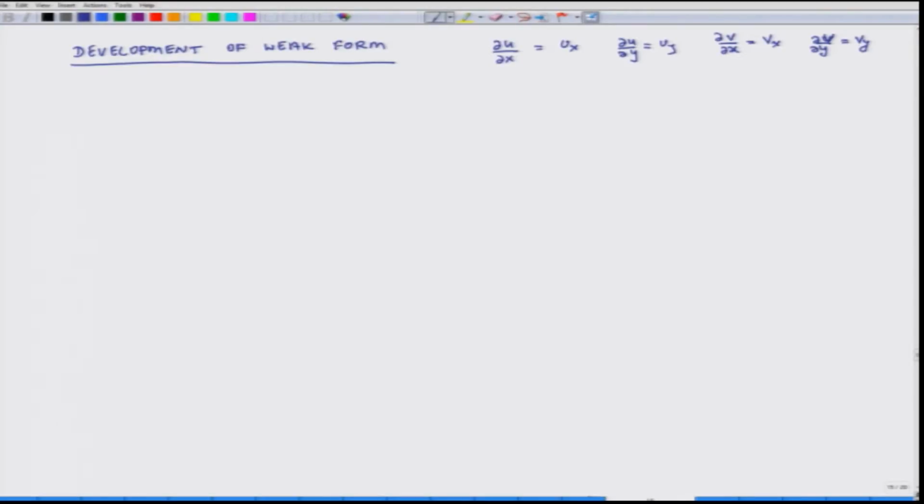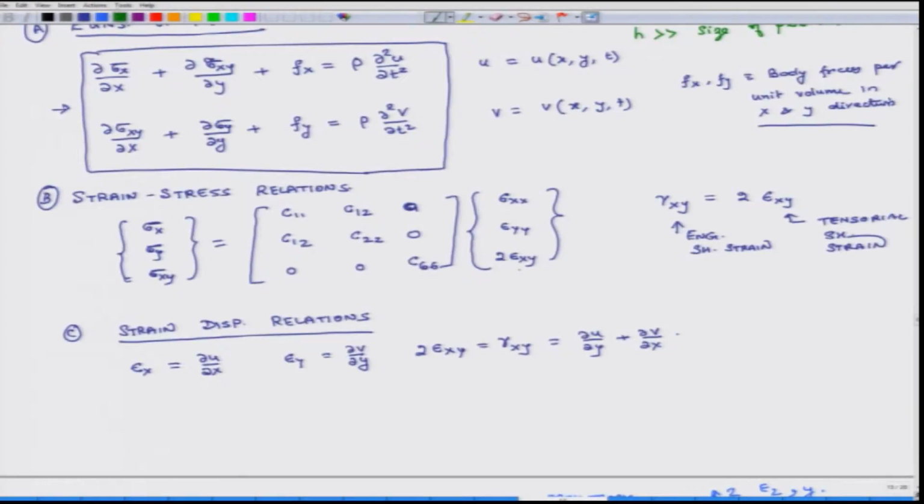So, my equations of motion, let us call this equation A, these are equations B, and these are equations C. What we want to do is rewrite equation A in terms of only u's and v's.